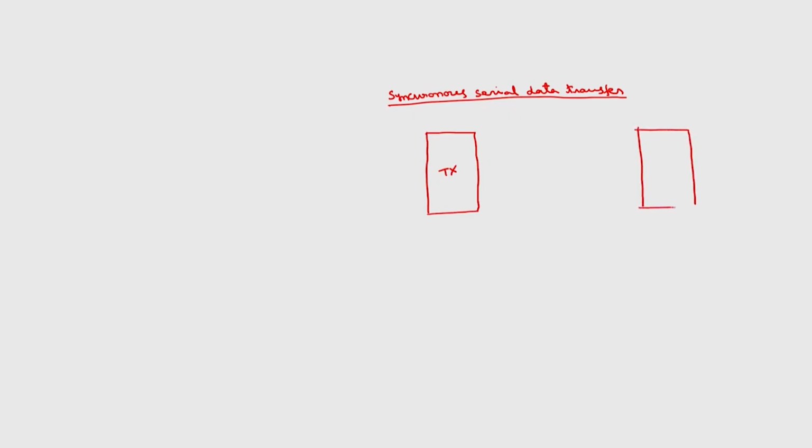In case of synchronous serial data transfer, we have one transmitter and one receiver, and we are going to connect them through the serial line. The data format will be like this.